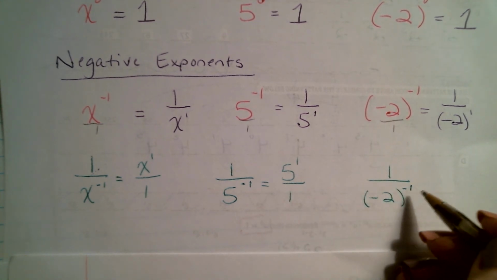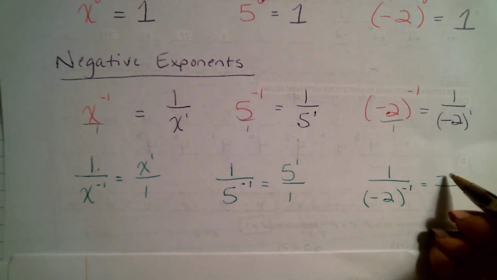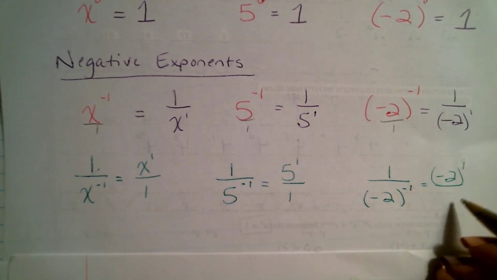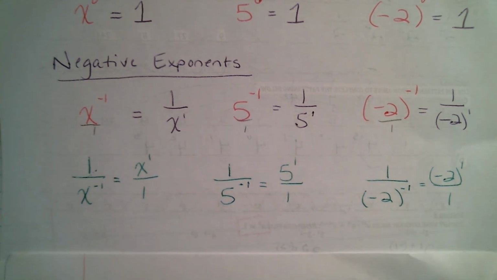So negative exponents work both ways. Wherever you see a negative exponent, if it's in the numerator, you move it to the denominator and it becomes positive. Or if it's already in the denominator, you move it to the numerator and it becomes positive.